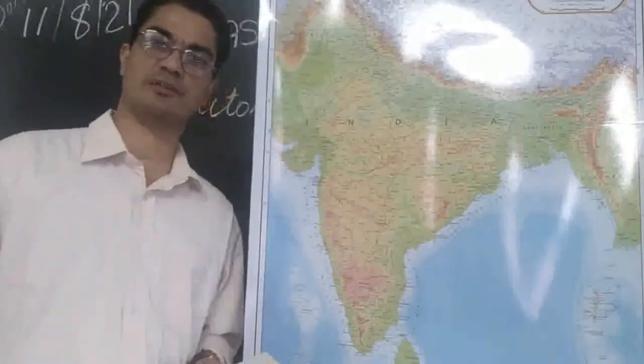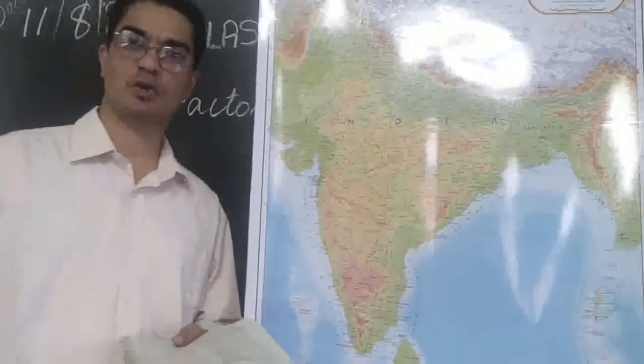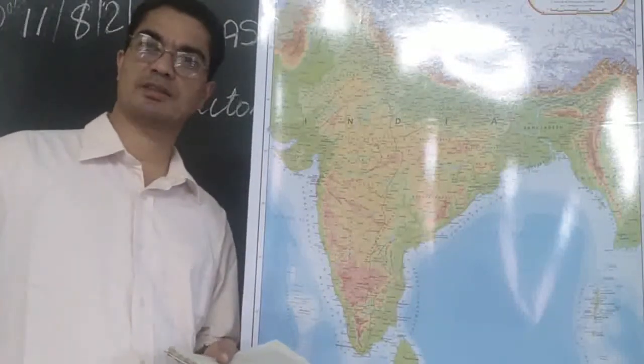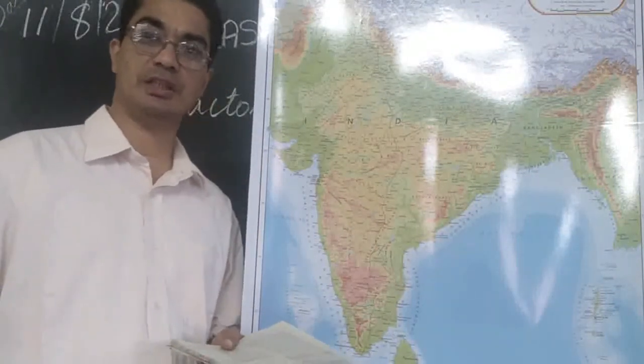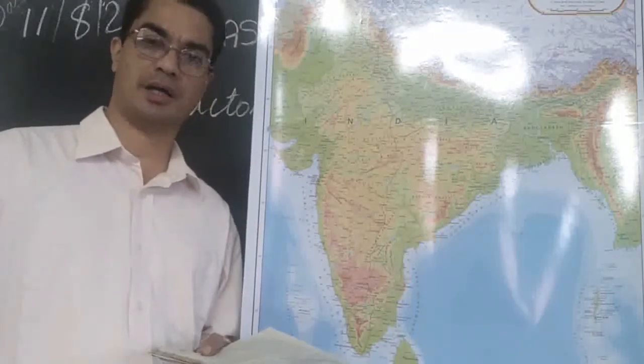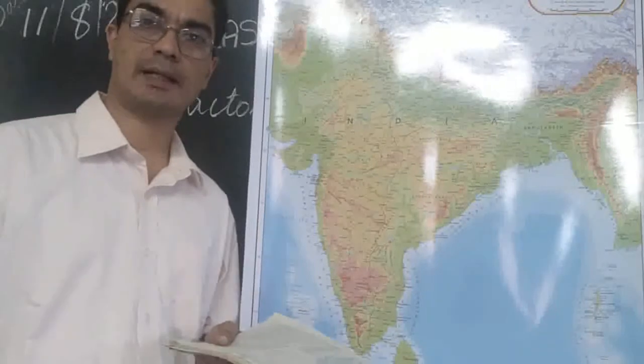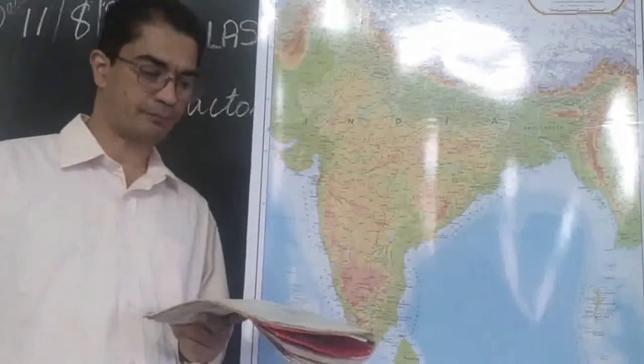So see the difference. Near the sea it is only just 30 meters high, and in the mountain regions, it is 6,000 meters high. So this height difference also can affect the climate of our country.